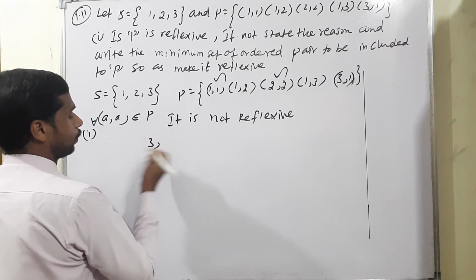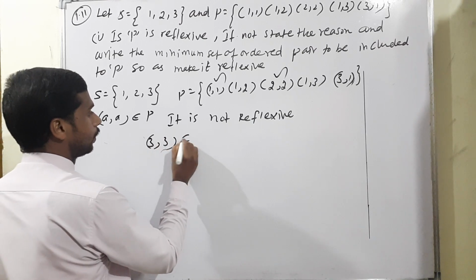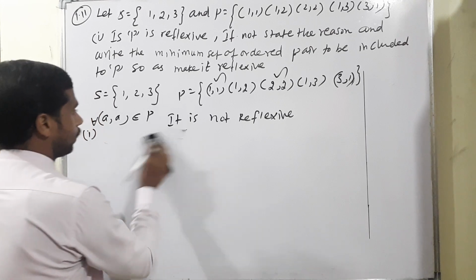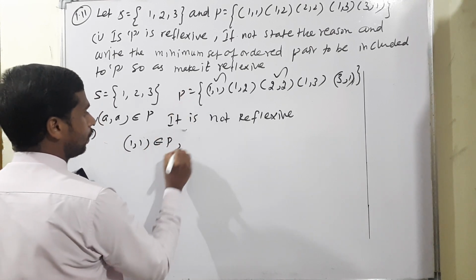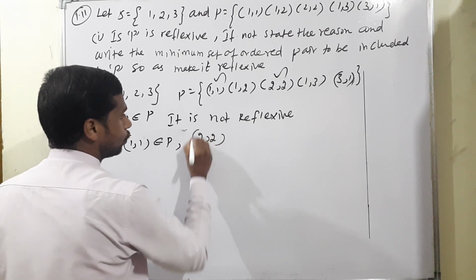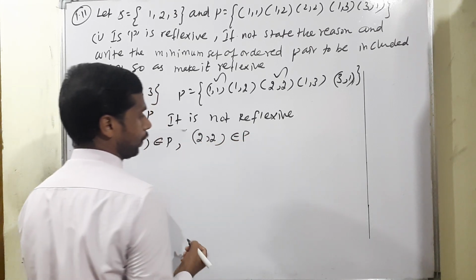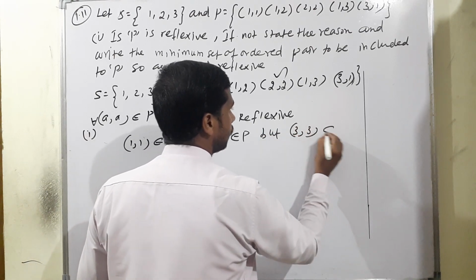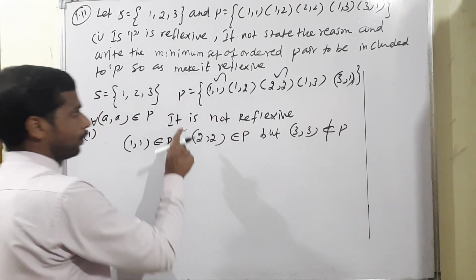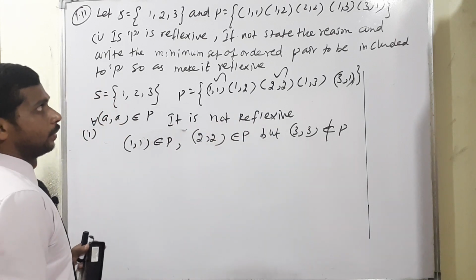So (1,1) belongs to P, as well as (2,2) also belongs to P, but (3,3) does not belong to P. That's why we are saying it is not reflexive.